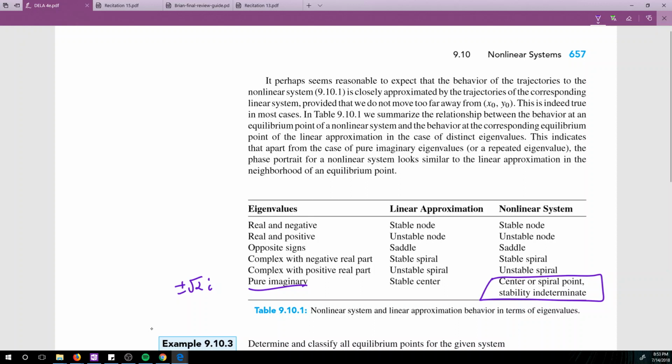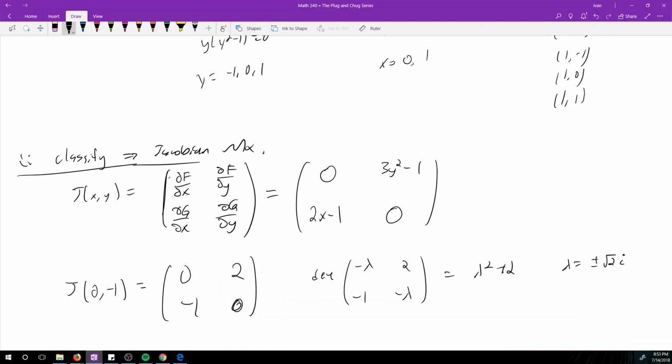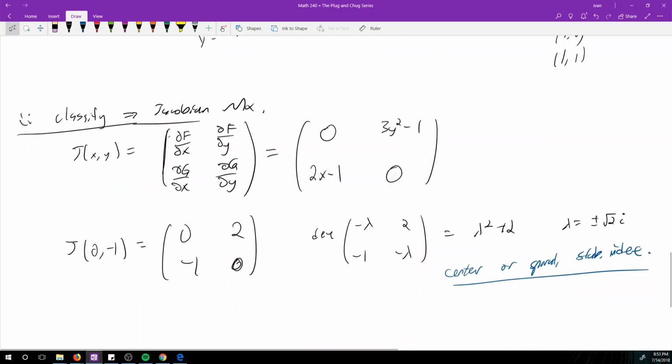The stability is indeterminate. I might create an addendum, I might not. You really don't have to worry about these usually. So we'll just say it's a center or spiral point, stability indeterminate. Okay, so that's only one of them.